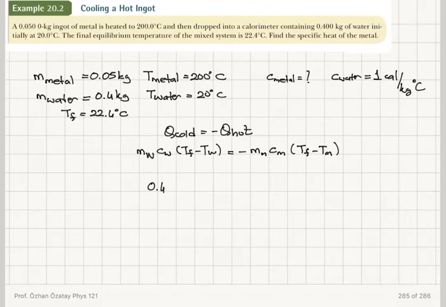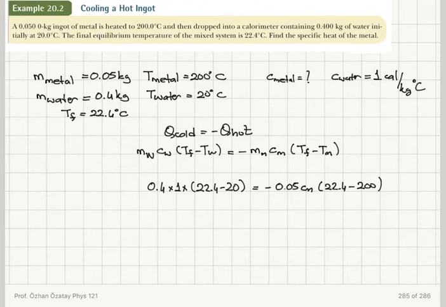So if I use this number, it's going to be 0.4 times 1 times T final is 22.4, T initial for water is 20 degrees C. So that's Q cold. This is going to be equal to minus mass of the metal 0.05, specific heat of the metal I'm trying to calculate, 22.4 minus 200 degrees C.